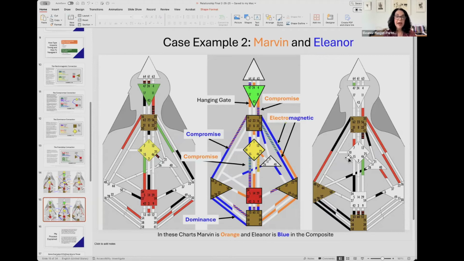And the other compromise, now my dominance, I have the 58-18. That's a dominant channel. The 58-18, I always read as tuning into the frequency of a situation. I see it as my talent.